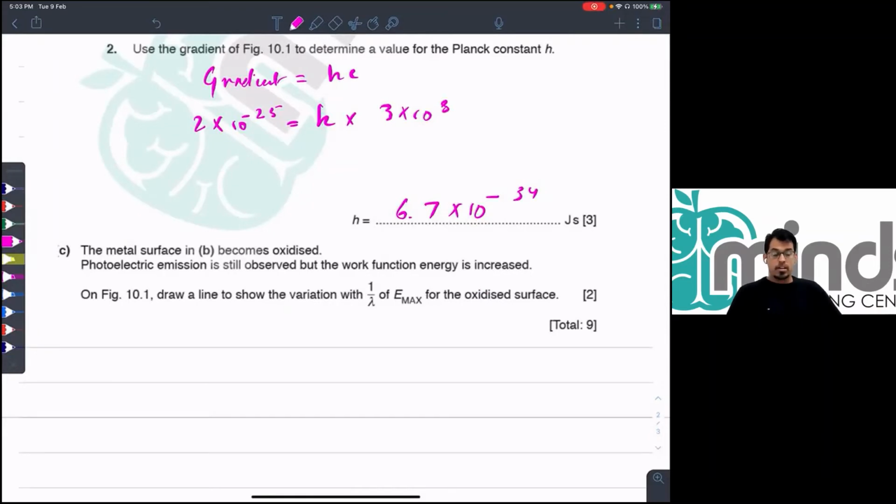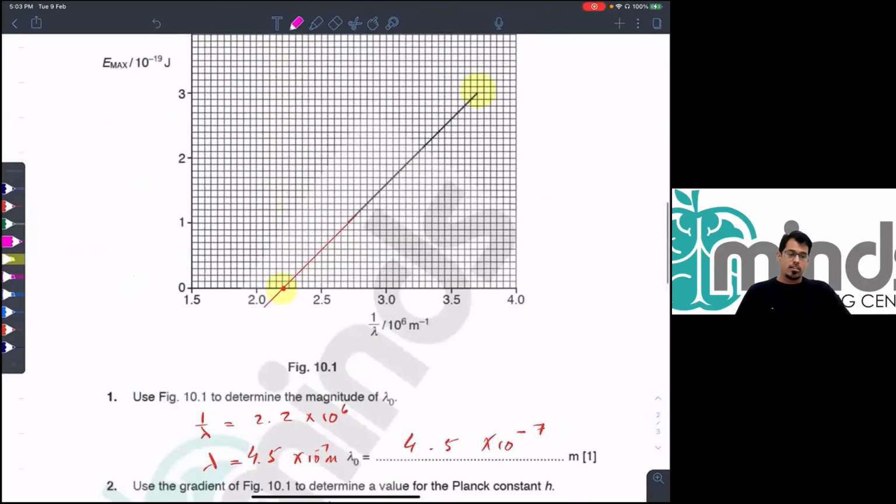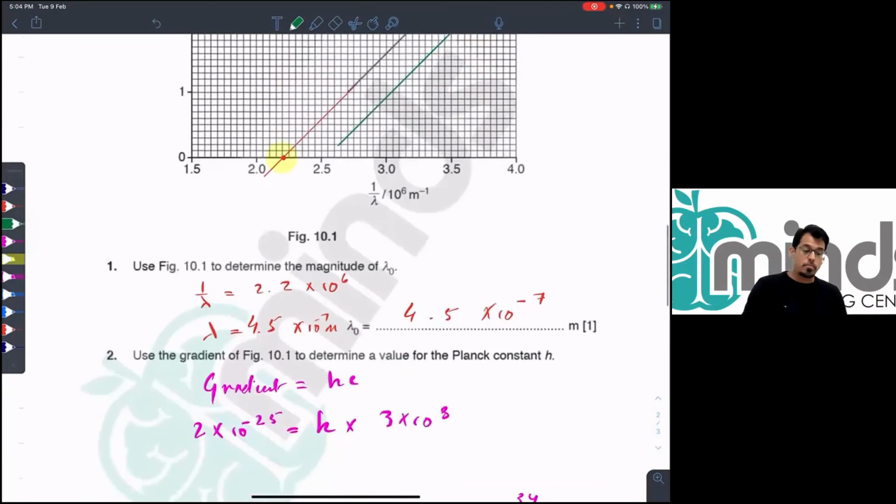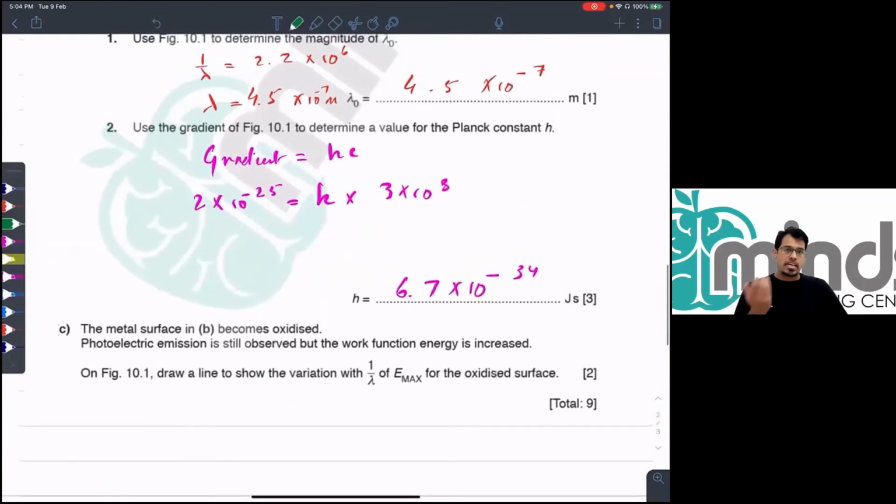Are you people getting it? But the graph is for 1 over lambda. If lambda is decreasing, it means that 1 over lambda is increasing. So the next graph should be parallel to the original graph, but it should be ahead of the original graph. Why? Because when the metallic surface is oxidized, it has lost electrons, it has become positively charged. It will be tough for us to remove electrons from it. It means that work function is increasing.